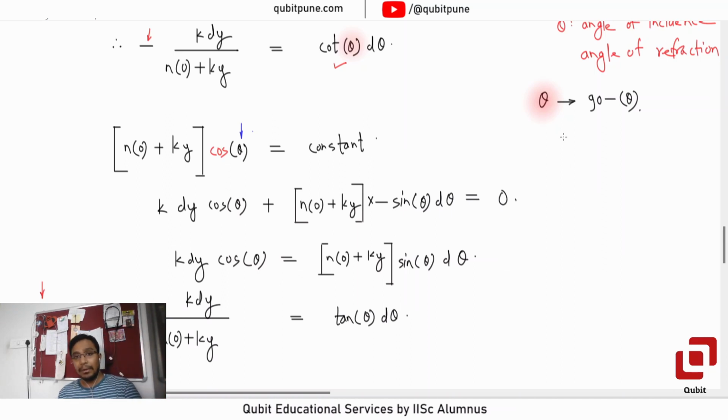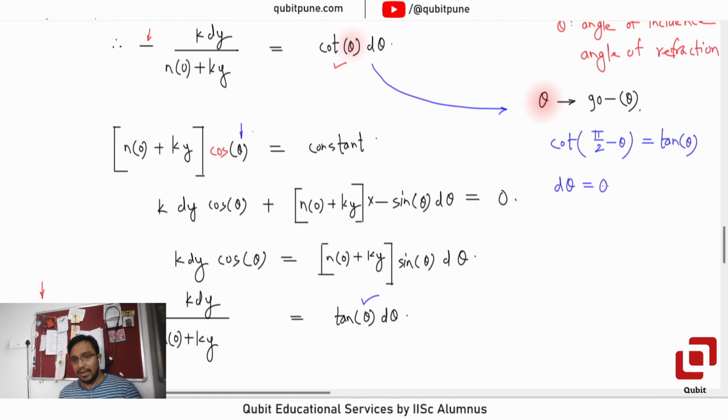How? Look, when you make the change theta to 90 minus theta, first thing that will happen is cot theta will become cot of 90 degrees or pi by 2 minus theta, and you know that is tan theta. So that matches well with this. But what will happen to d theta?